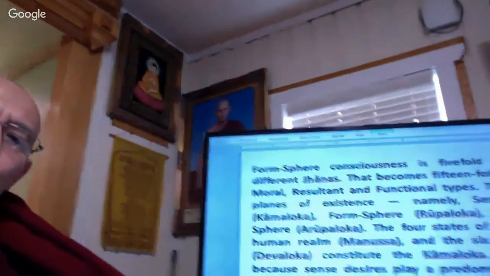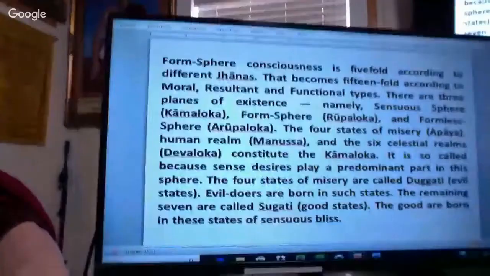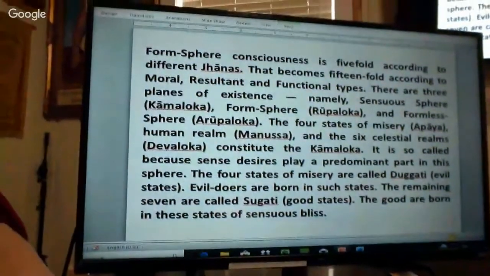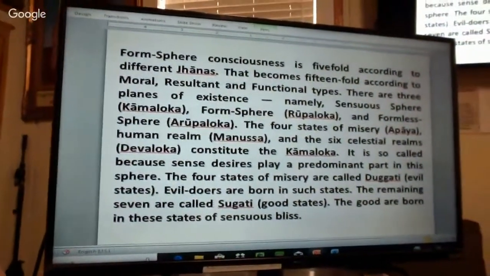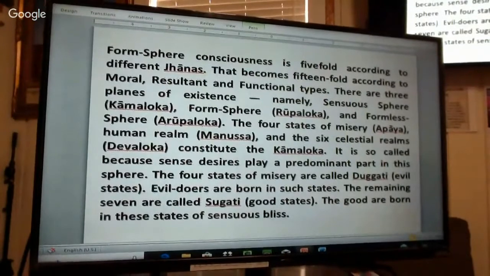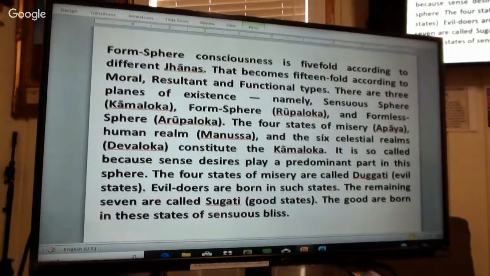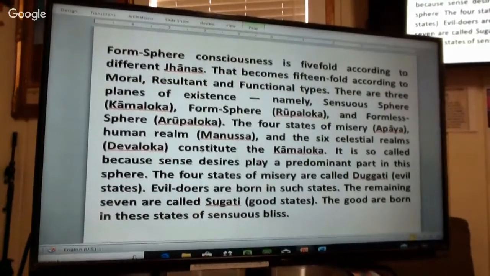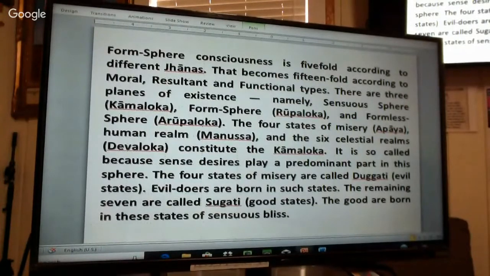We continue the explanation in a little more detail about getting the power of concentration. As the big screen also says, form sphere consciousness in Pali is Rupa Vachara Chitta.